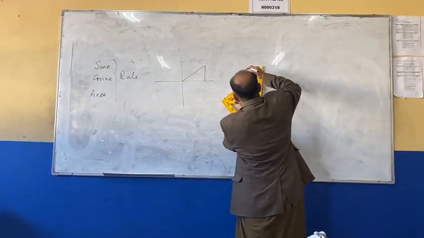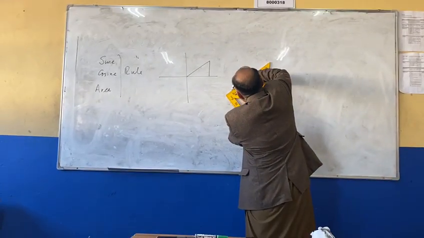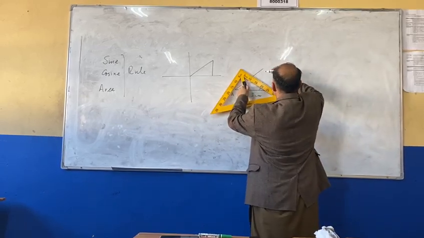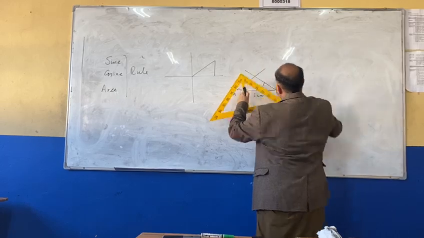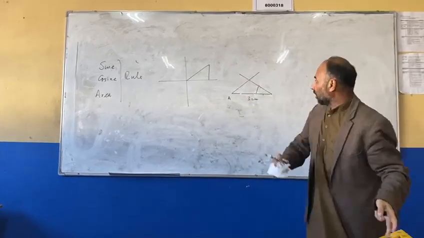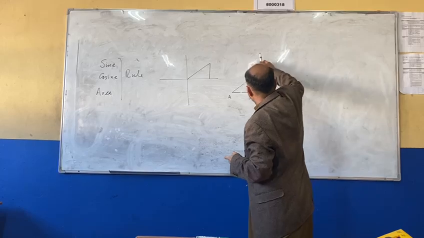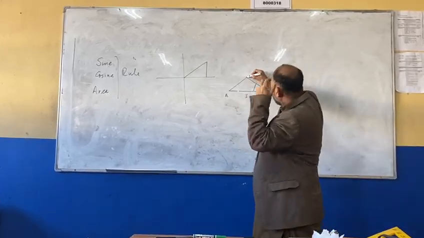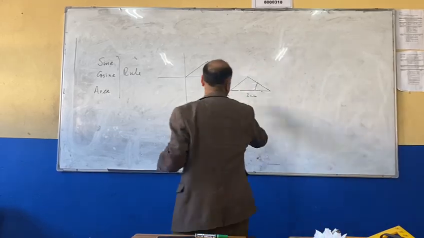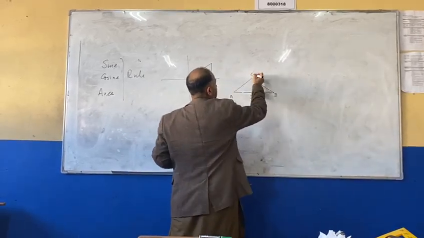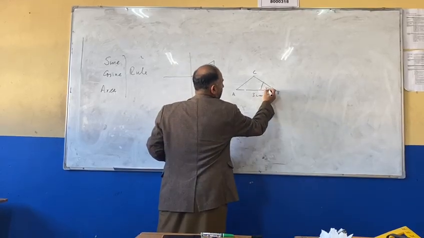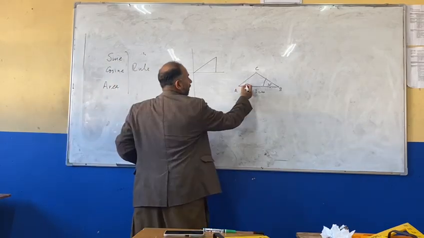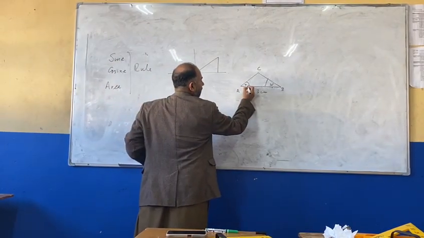When you join the starting point, this is our triangle which we are going to discuss today, and we will also use this triangle to learn the sine rule. Let me call this point on top C, and I said this is a 30 degrees angle. Do you remember? Yes. And this angle is 40 degrees.